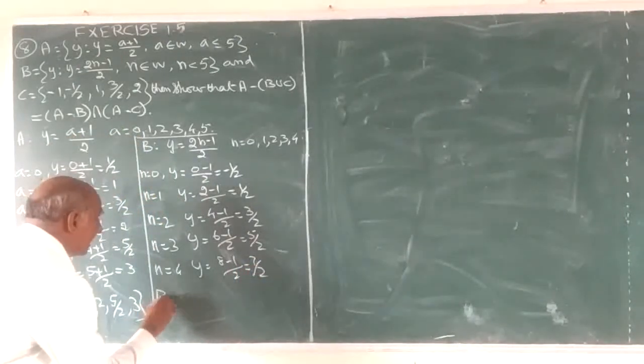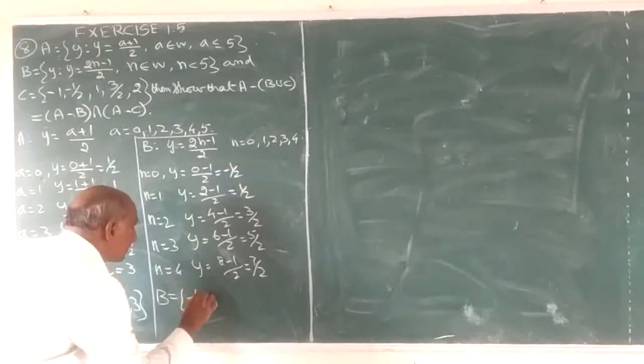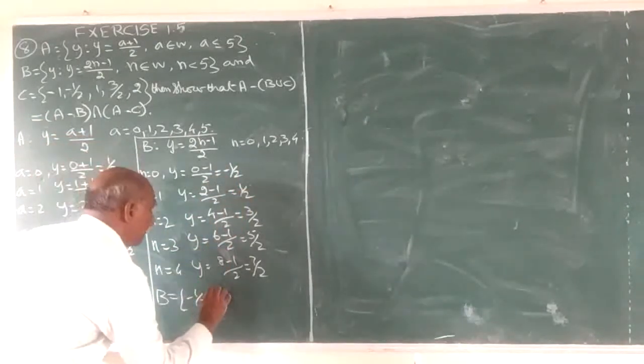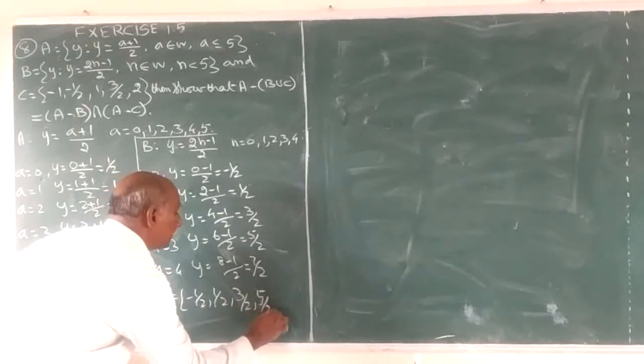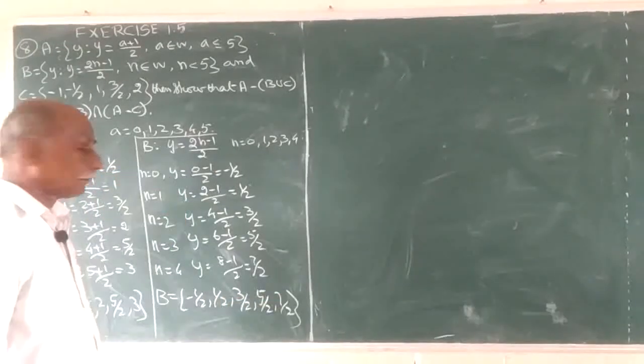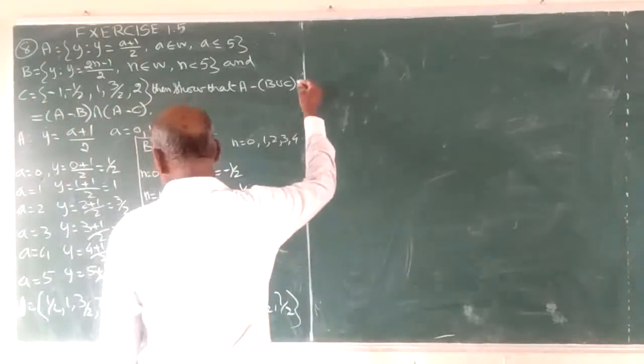So the set B is minus 1 by 2, 1 by 2, 3 by 2, 5 by 2, 7 by 2. You find out the set B. Write the three sets together.